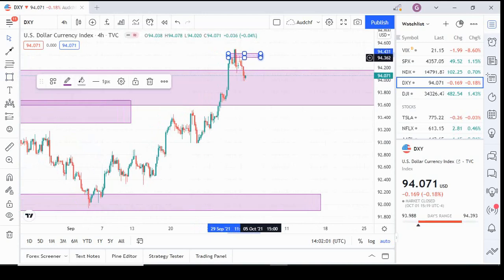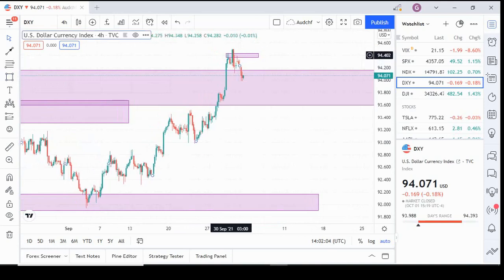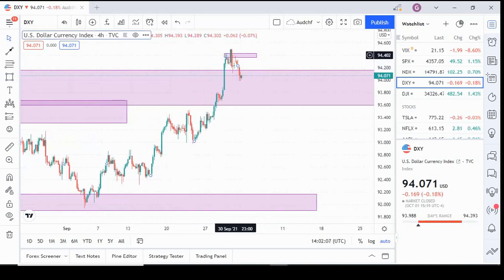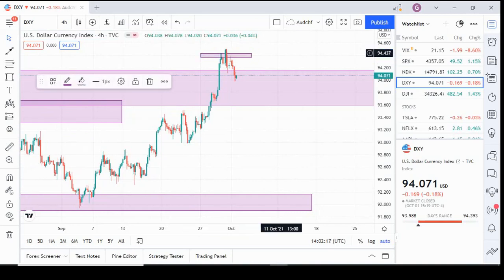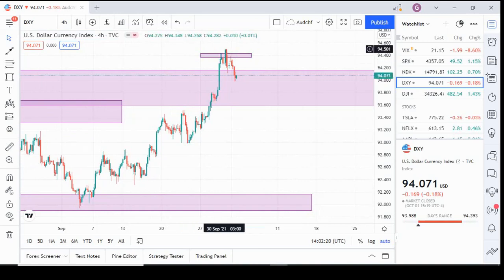Now the scalpers would use such small movements to anticipate the movement of the price. They'll take advantage of this small thing. Now we can see that price came and created this key area here, went down, came back to get more strength.